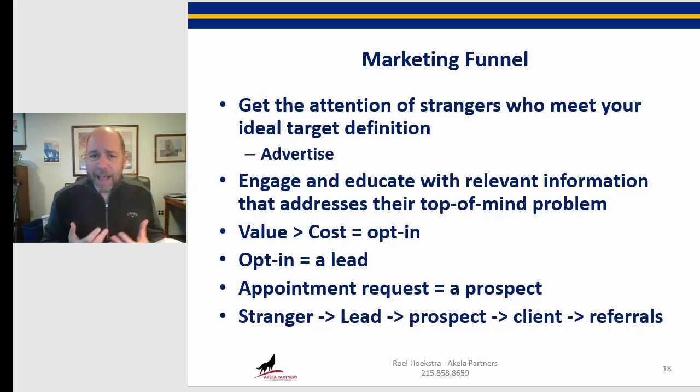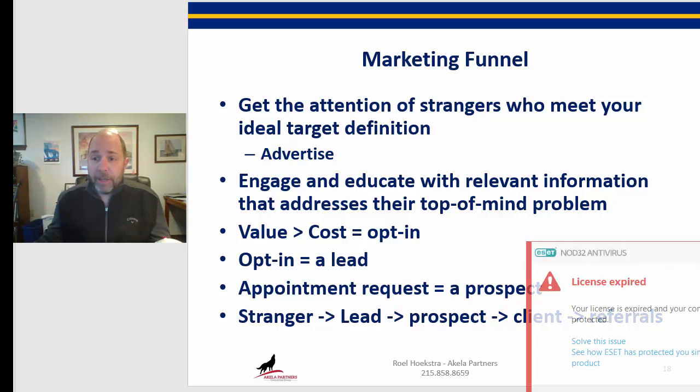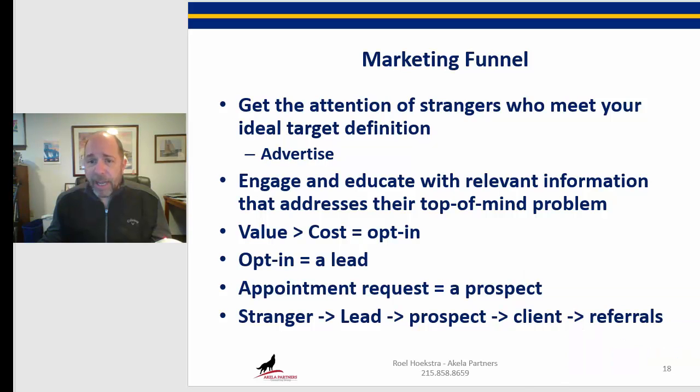And remember, this is a value exchange. If we want someone to opt in, the value that we're providing to them has to be greater than the cost. And I'll tell you, the cost of giving up your name and email address is a lot higher today than it was even a year ago. So that's a critical issue that has to be recognized.